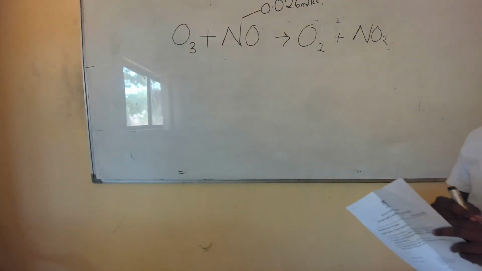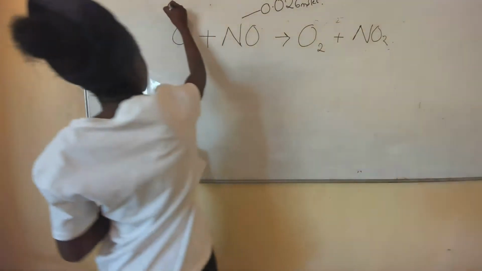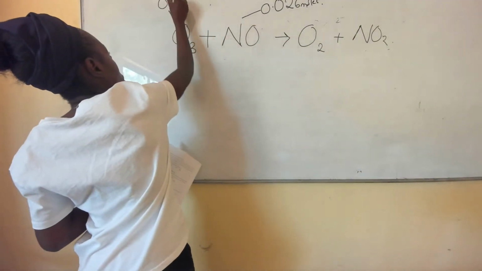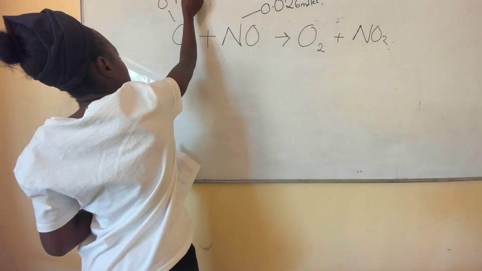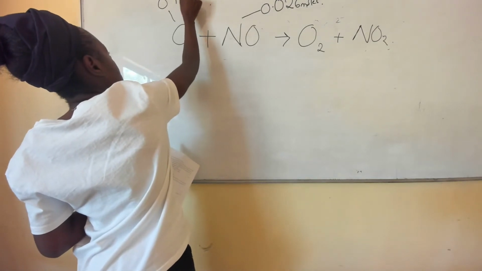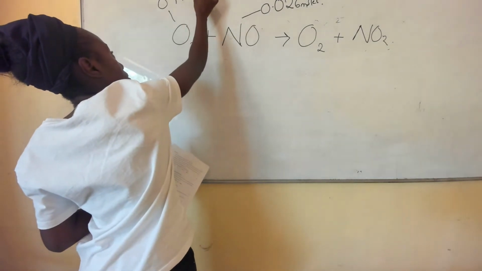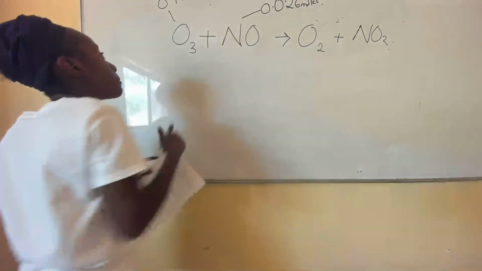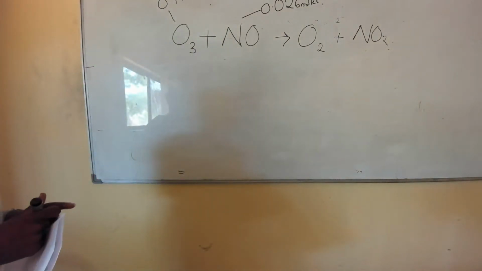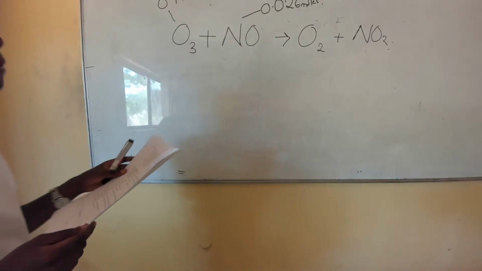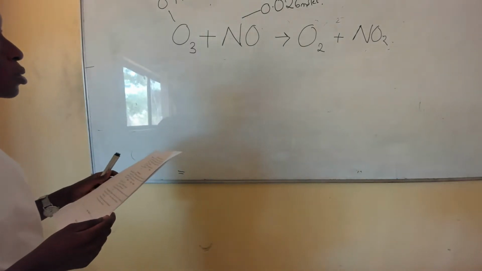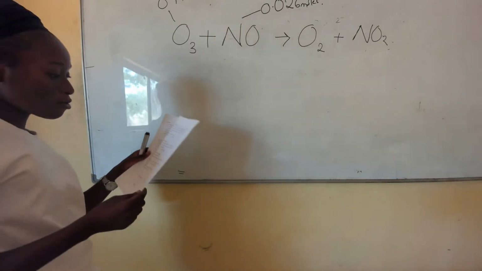And then we found the number of moles of ozone as 0.196. So we have the number of moles of ozone, and then we also have the number of moles of NO.